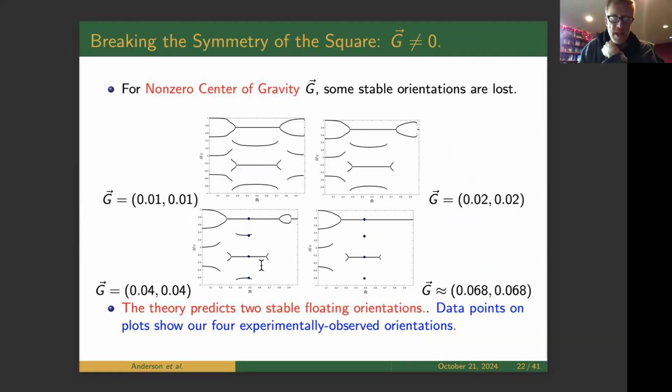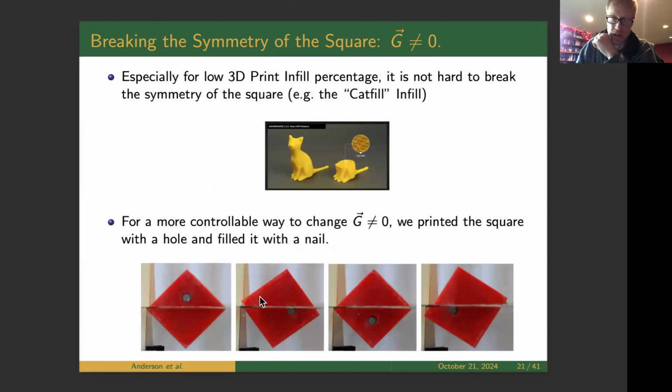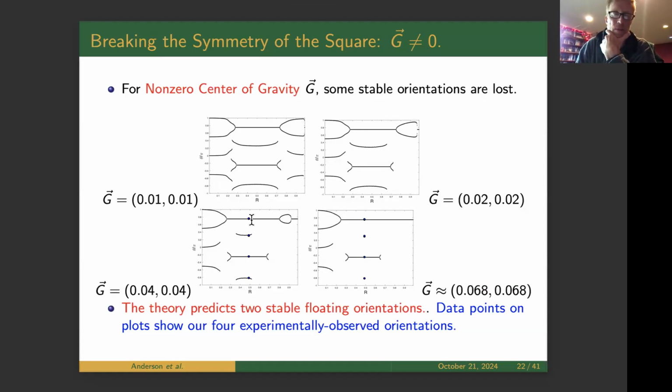We managed to get reasonable comparison, but maybe not perfect. These 4 data points are the observations from this previous floating object, and we found those matching up here for the center of gravity. That was what we actually think it was. Those isolated solutions have actually disappeared. So we're pretty close on that one, but maybe not perfect.